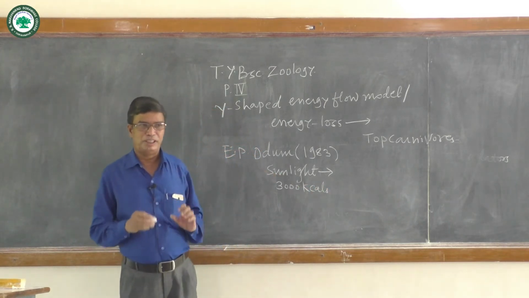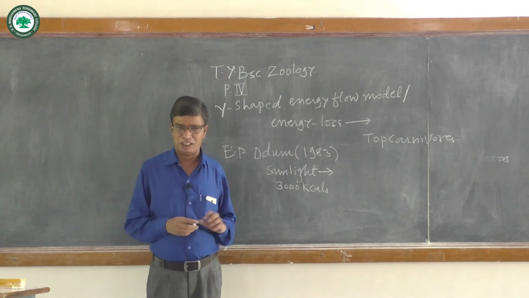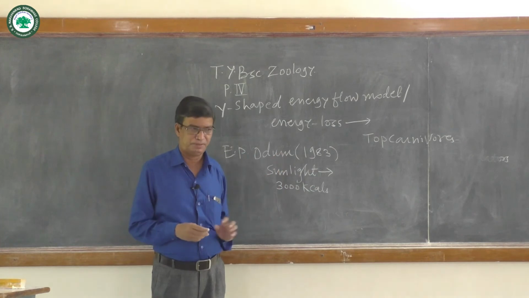Such light, commonly called radiant energy, falls on the growing plant.